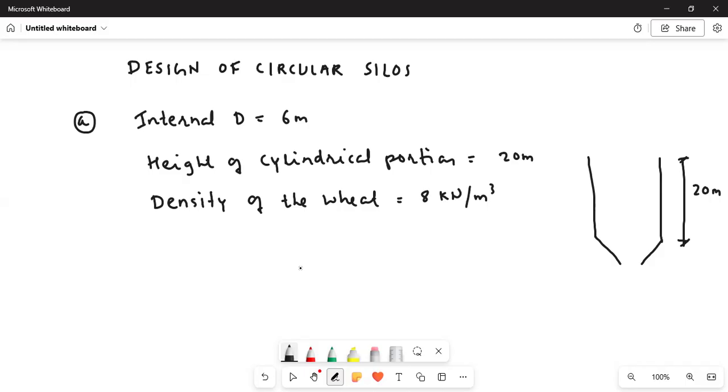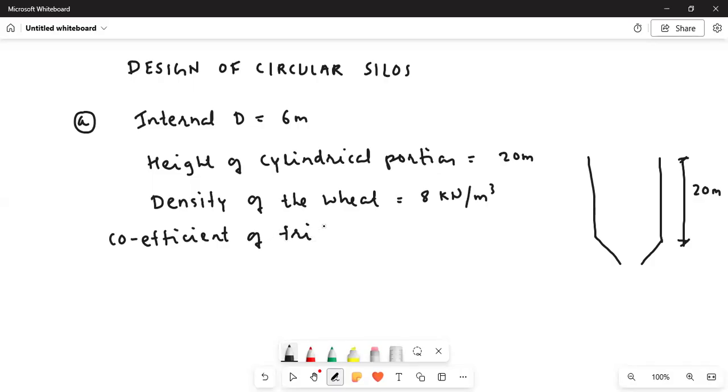Okay, so the density of the wheat is given as 8 kilonewton per meter cube. Coefficient of friction is given because frictional force is prevalent in case of silos.